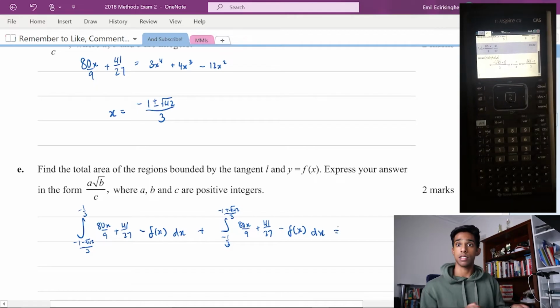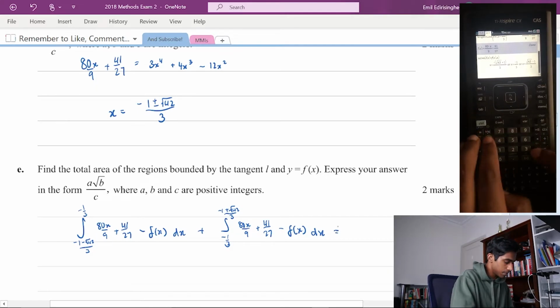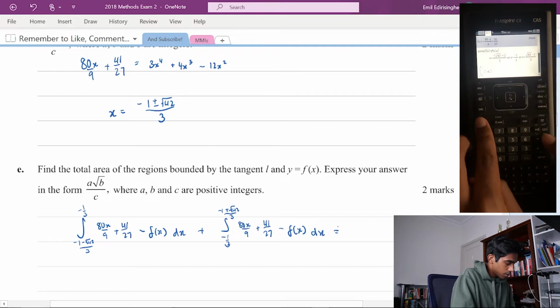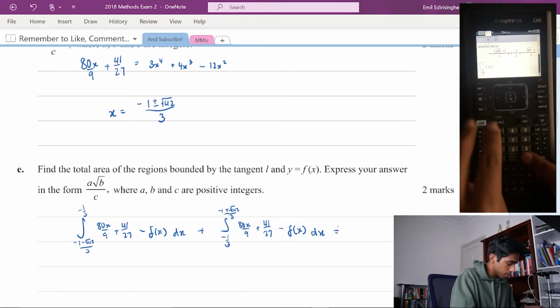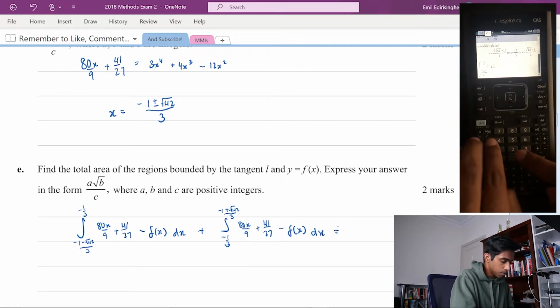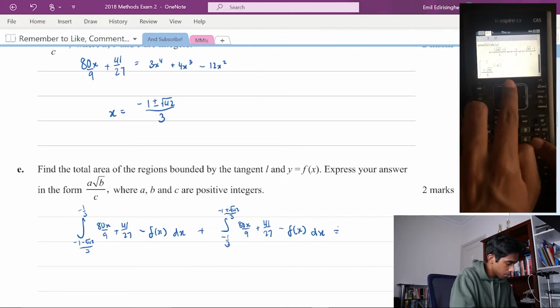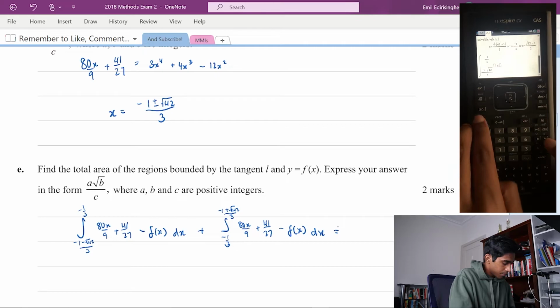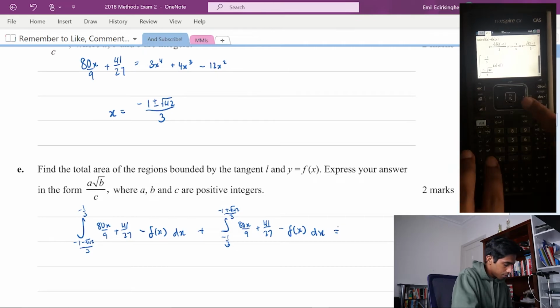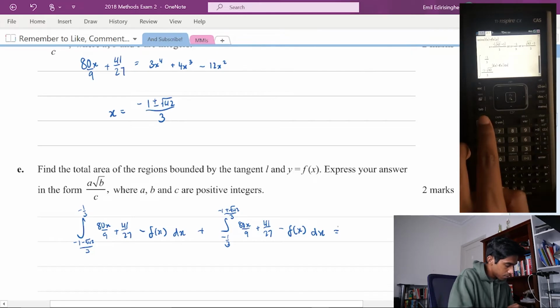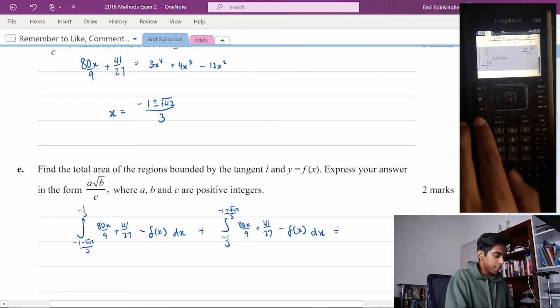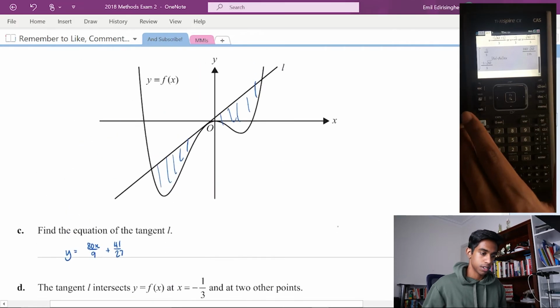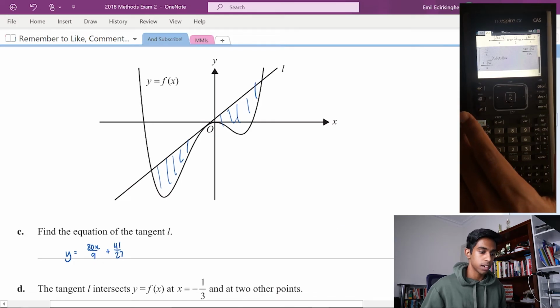And now I'll just put this into my CAS, so we'll make sure to write this in correctly. So -1 minus... That gives us our first part, which is this part here.